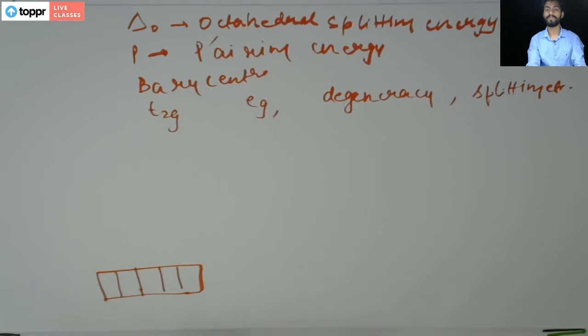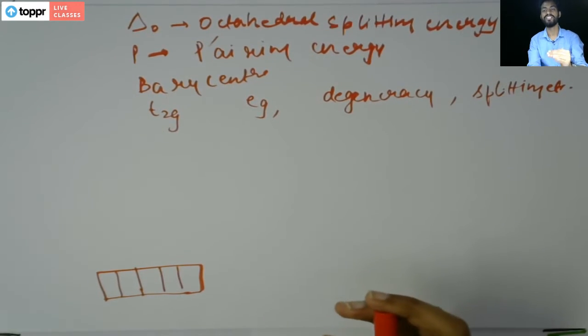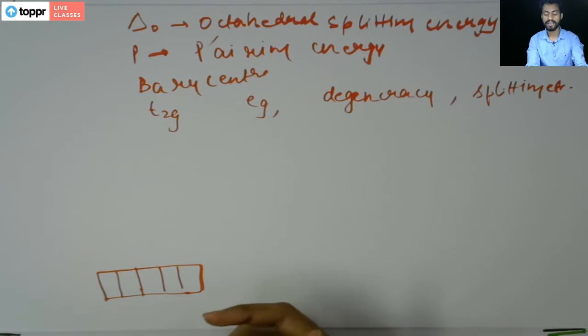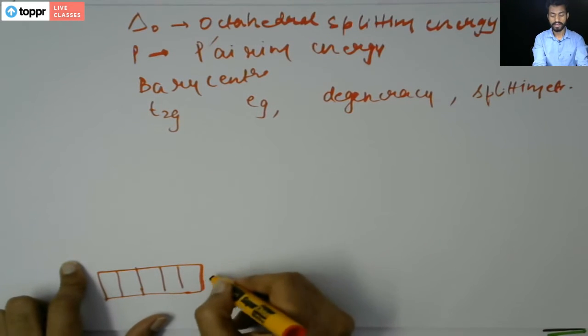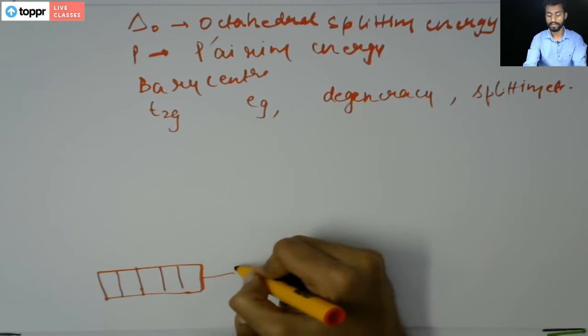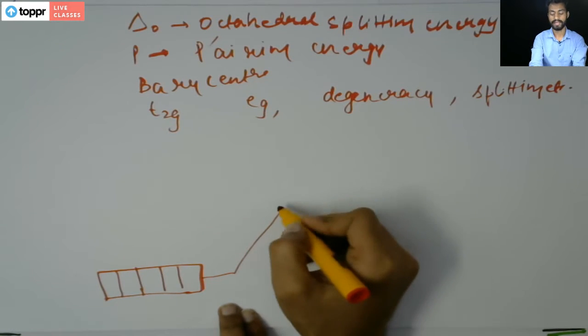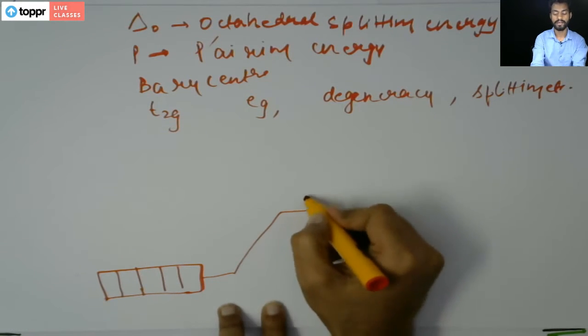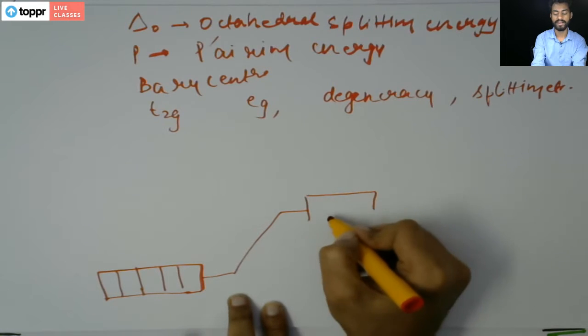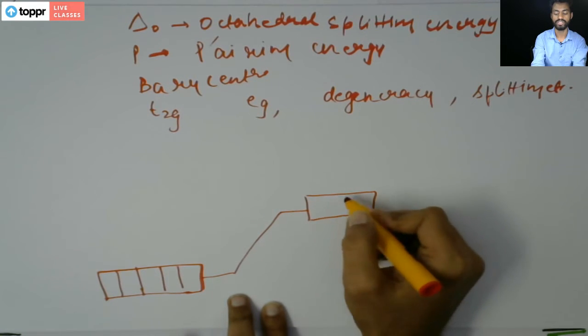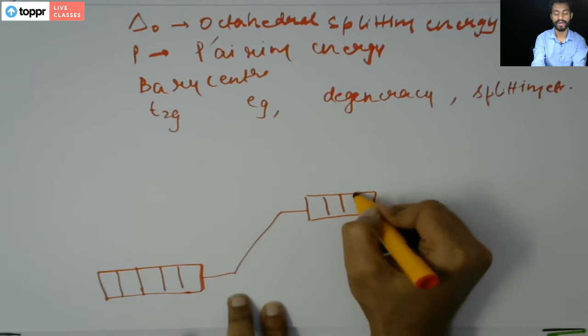As the distance between the metal atom and the negative part or point charges lessens, there will be a change in energy. As you know, energy is inversely proportional to the square of the distance between two point charges. The energy will change, but since the change in energy will be equal for all the orbitals, and the energy will rise, still all the d orbitals will have equal energy and they are still degenerate.